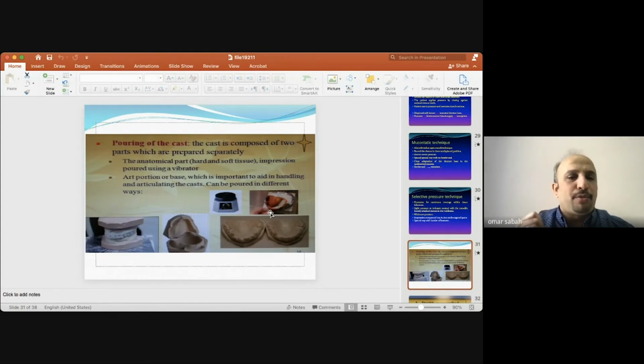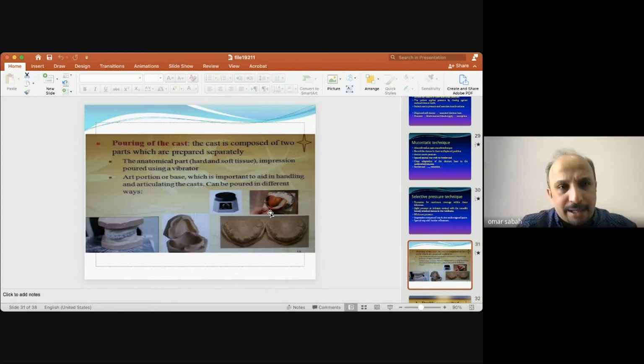I mix the stone a little bit flowable, not in a creamy way, and then I put it on all the surface areas of the tray. Then I check for bubbles. Now that it is a little bit more flowable, it will enter all the undercuts and areas.